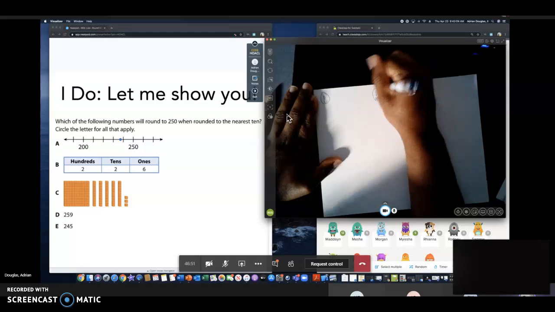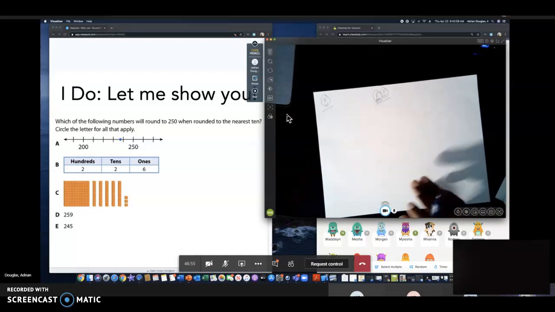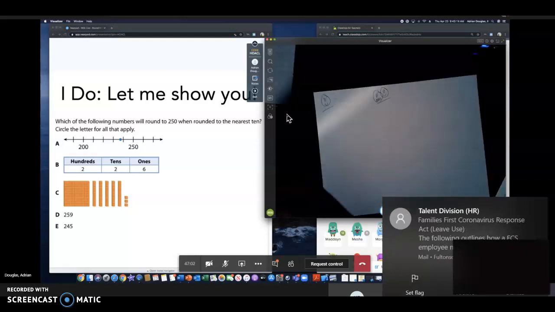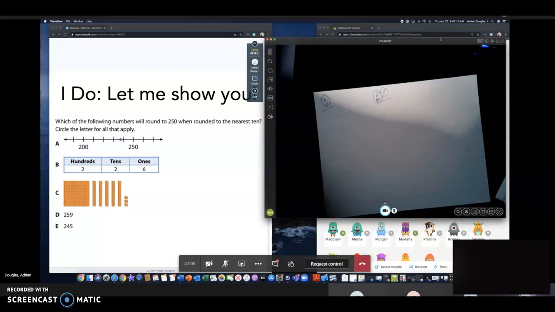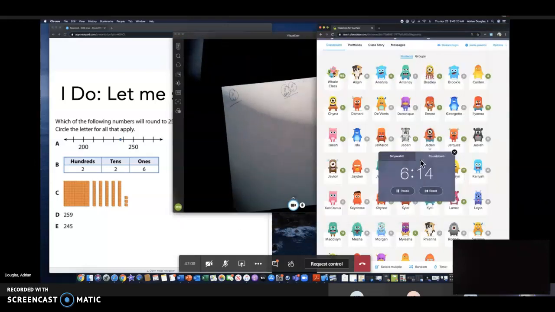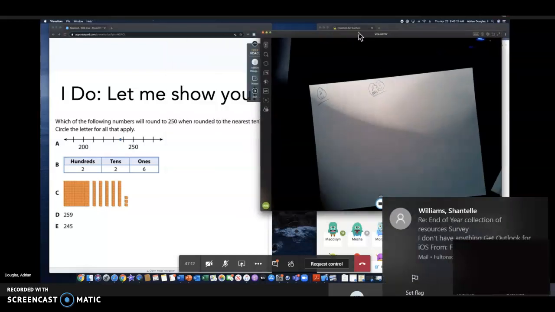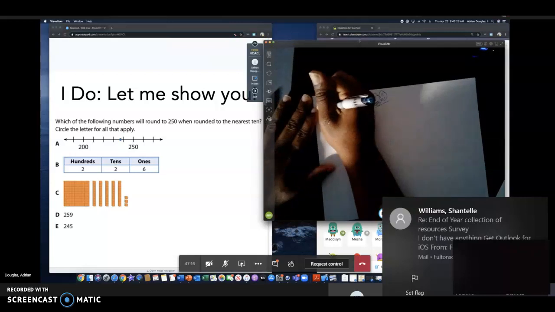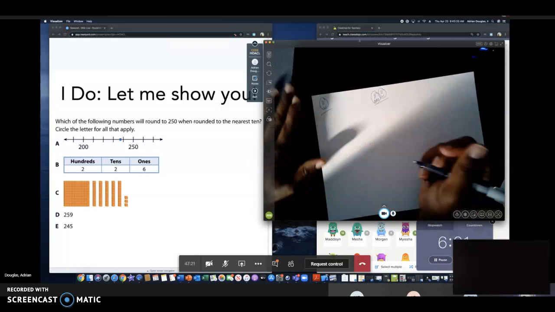In a chart or organizer, one of the things I'm always looking for is key information, important words and phrases. As I read this, it says, which of the following numbers will round to 250 when rounded to the nearest 10?